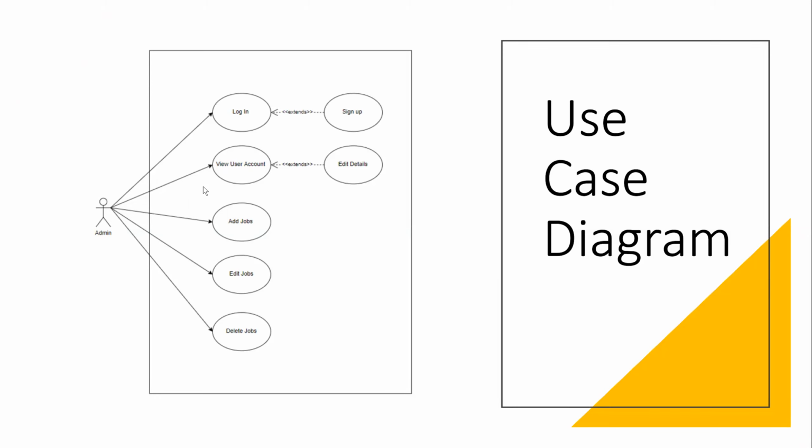Then you can add jobs, edit jobs, and delete jobs. These are the three main functions of why we created the system, in which they can post the jobs that the company needs.